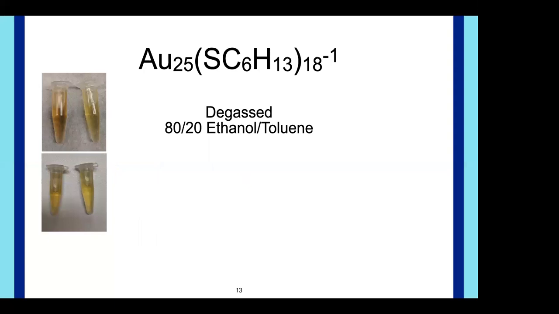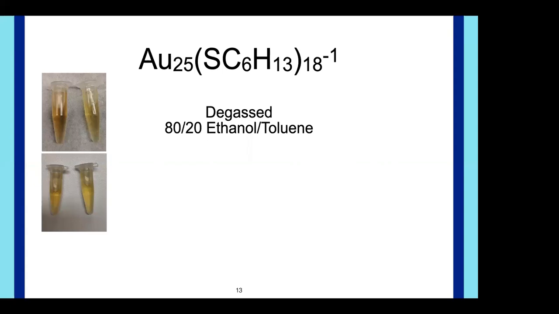One more avenue of control that we looked at was changing the charge state of the nanocluster monomer. In this case, I tried gold 25, hexane thiolate 18 in the -1 charge state, which is supposed to be the most stable charge state of gold 25.